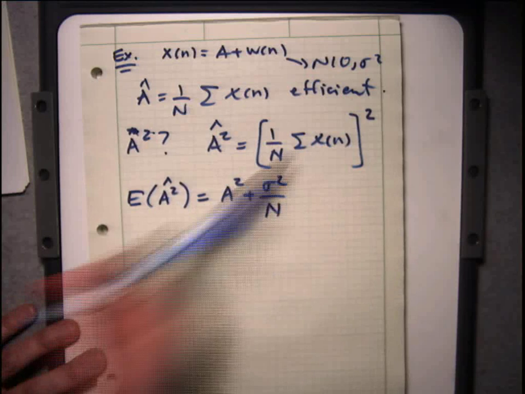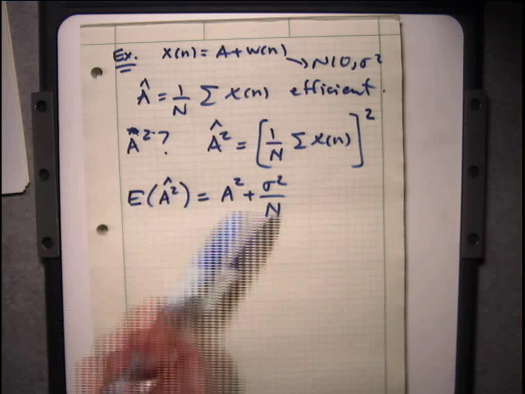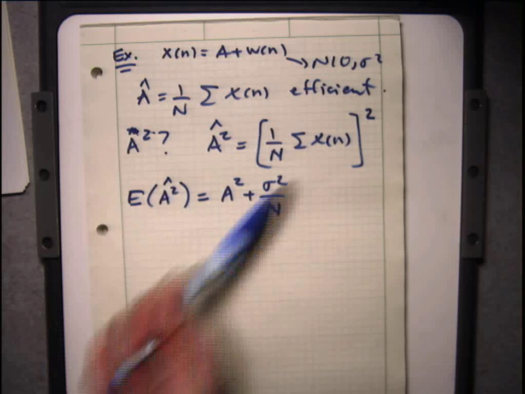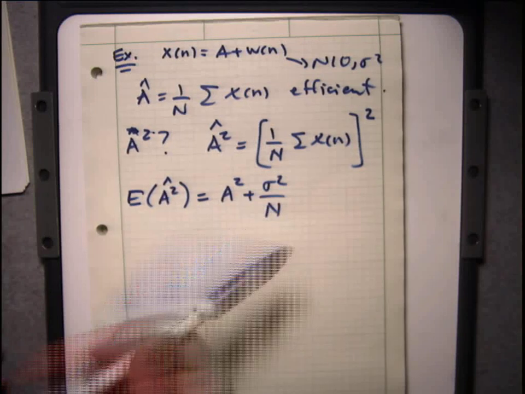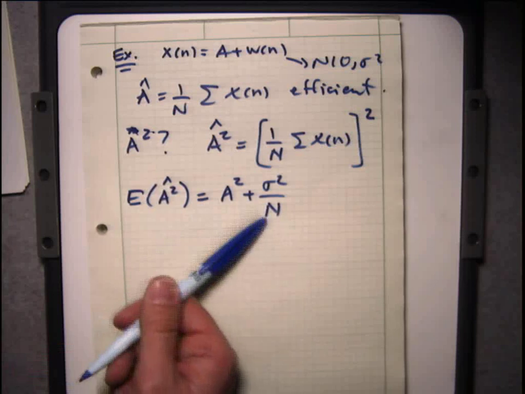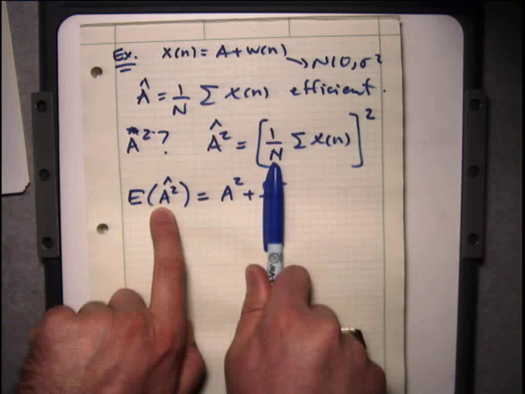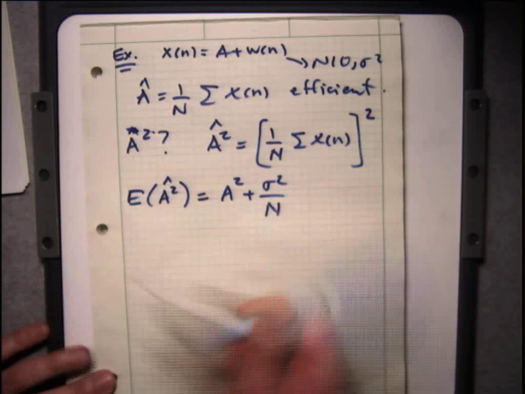The original estimator was efficient in the sense that it was unbiased and achieved the minimum variance possible. This one is not even unbiased. By doing this, you immediately introduce a bias term. What is true, though, is that it is asymptotically unbiased. If you have infinitely many data points, this term goes away and it's an unbiased estimate. But for a finite amount of data, it's biased.